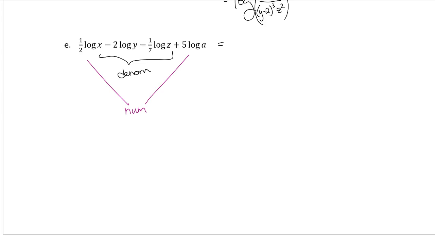So how does that simplify it? Well, it goes something a little bit like this. This is not going to be super pretty, so I'm going to write it a little bit bigger. It's going to be x to the half and a to the 5 divided by y squared and z to the 1/7.